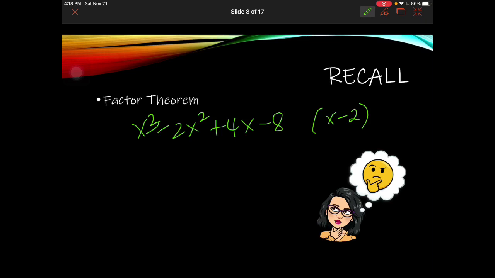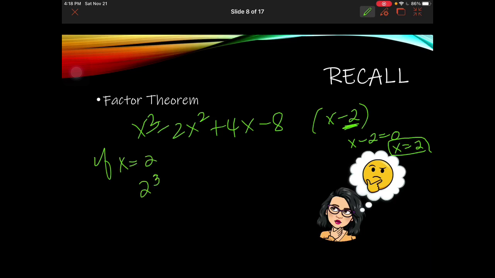So, according sa ating factor theorem, we will get the number from our binomial. So, instead of getting negative 2, we will get positive 2. Bakit po? Ang logic po niyan ay we will equate it to 0 para makuha natin na x is equal to 2. Okay?